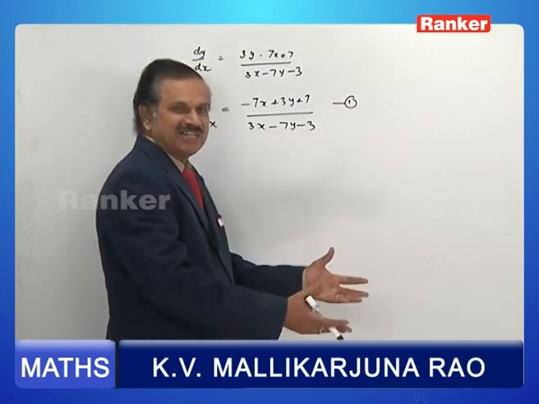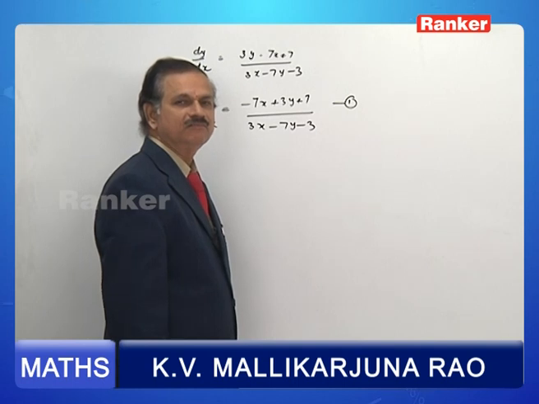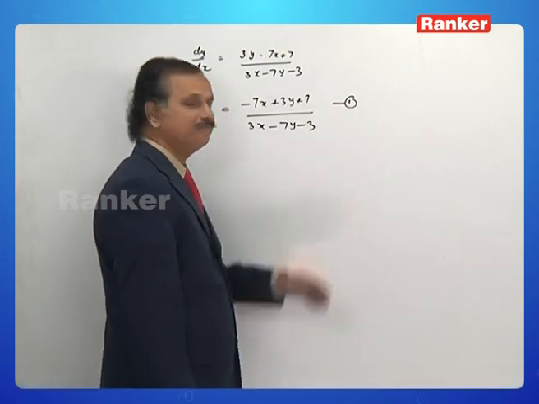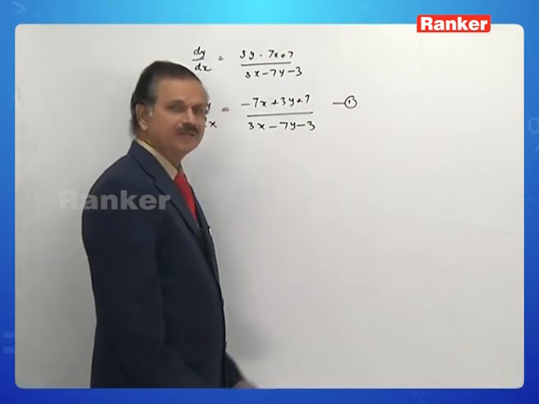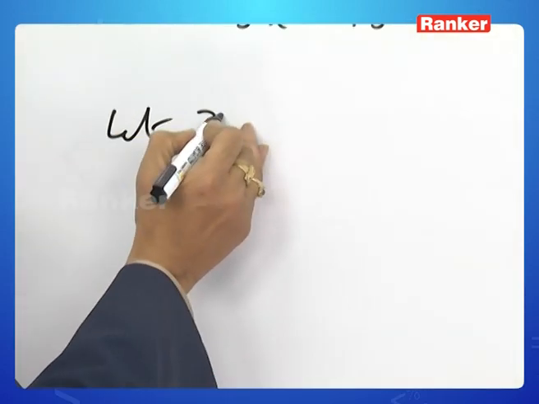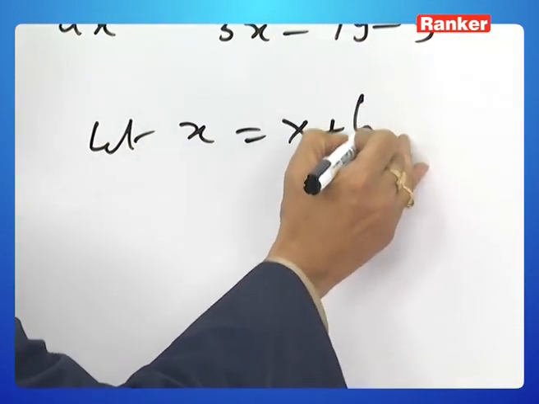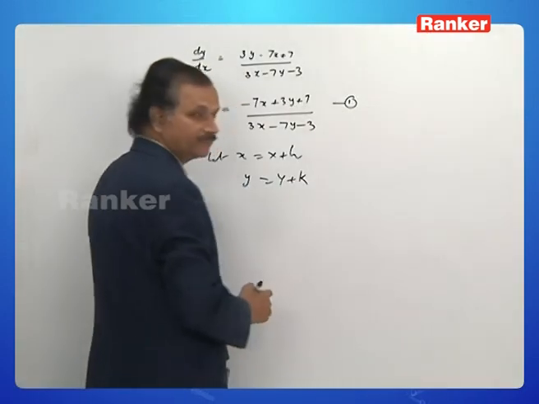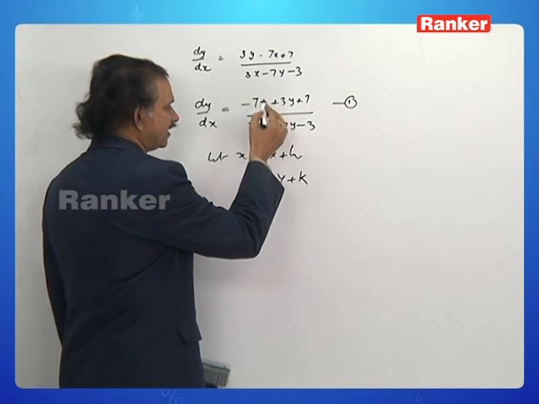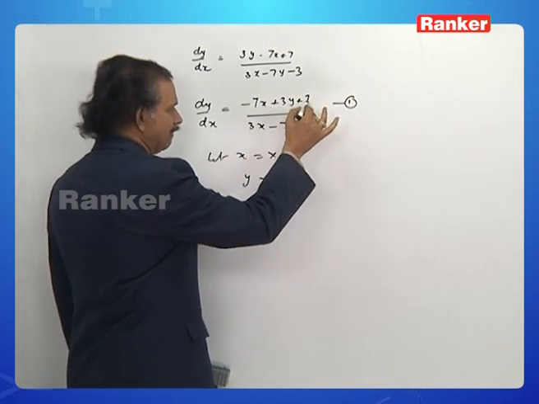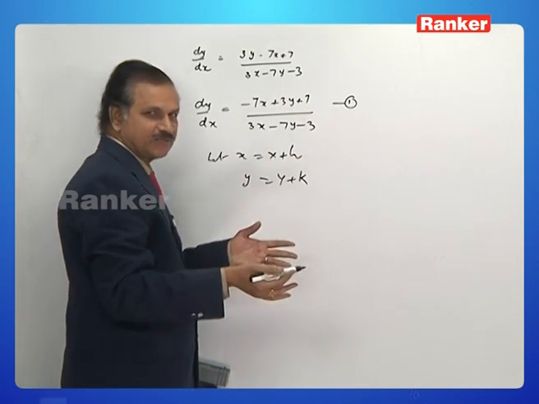They act as villains for us, which object us to say that it is homogeneous. We have to remove them. How can they be removed? Look here. Let x is equal to capital X plus h, y is equal to capital Y plus k. If you put X plus h here, minus 7X minus 7h plus 3k plus 7 will be the constant which is going to come.